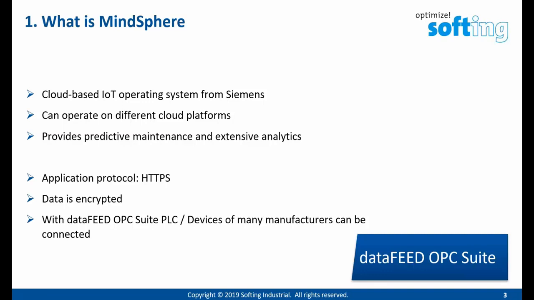Siemens calls MindSphere an IoT operating system, and what it does is it provides predictive maintenance and extensive analytics. The protocol which we are using today to send data to MindSphere is HTTPS, and the S stands here for the secure version of HTTP, meaning that data is encrypted.